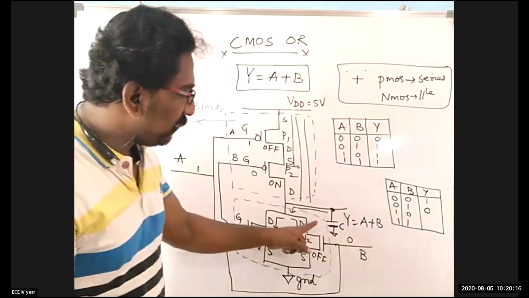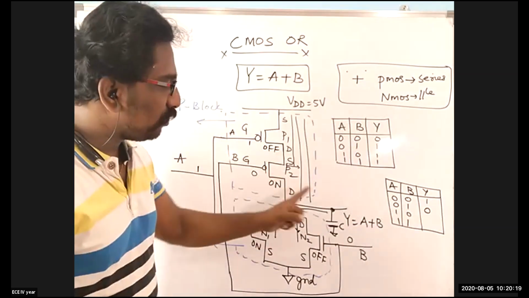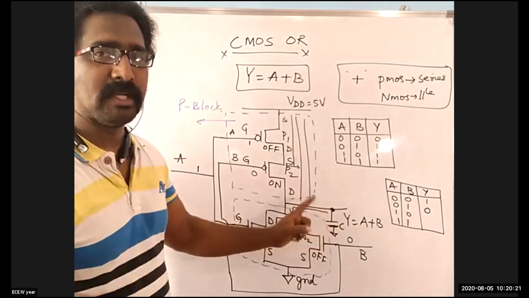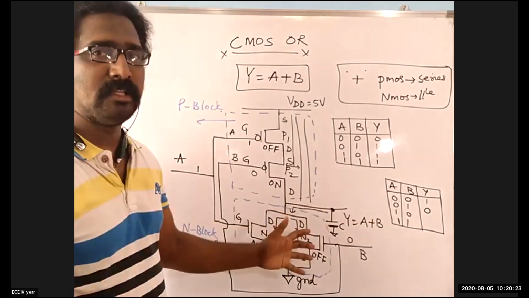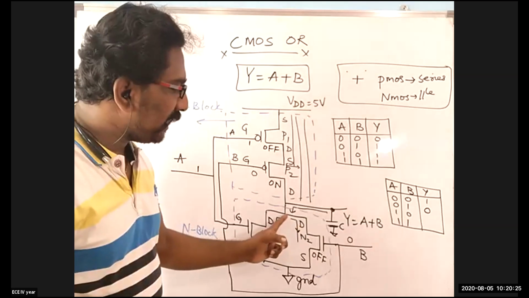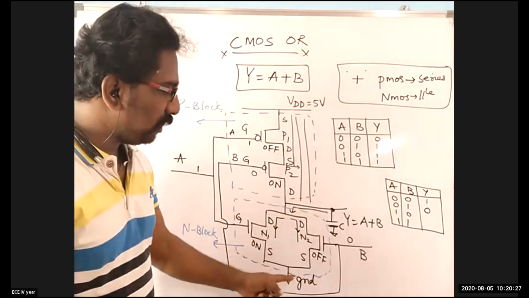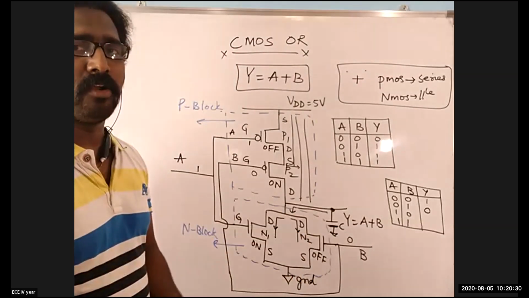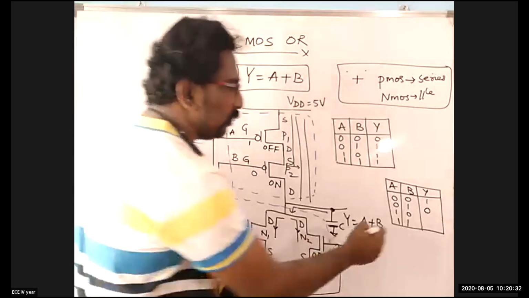So even though P2 is on, there is no output at C, the capacitor, it is completely discharged. So you will not have any charge to move from this point to the ground terminal. So ultimately, your output will always be equal to 0 even for this state.